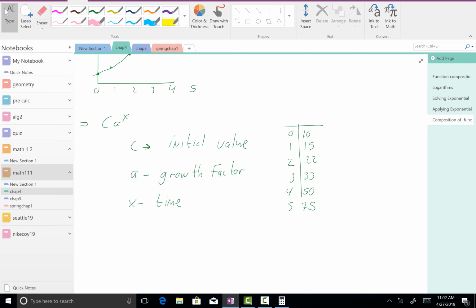I'm going to put one more in there. Okay, so this gives you a nice sort of exponential curve.